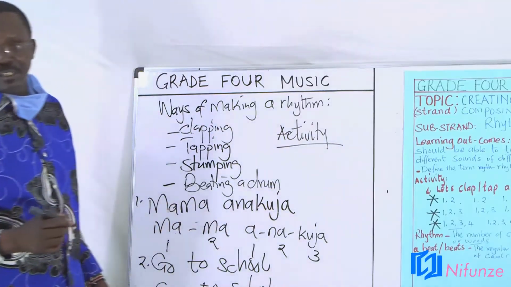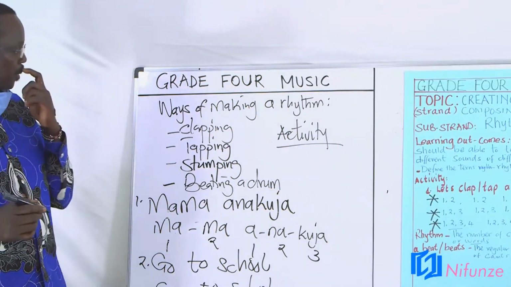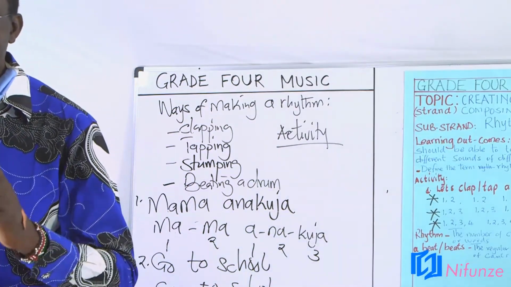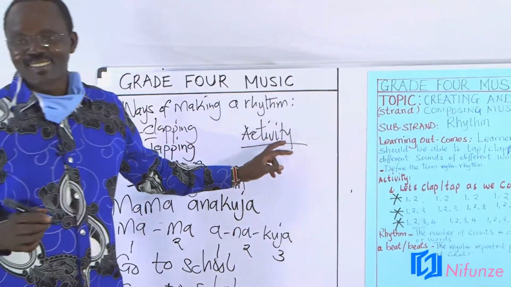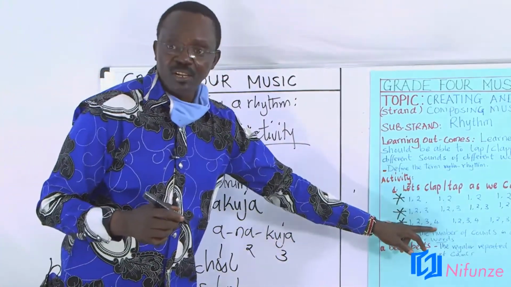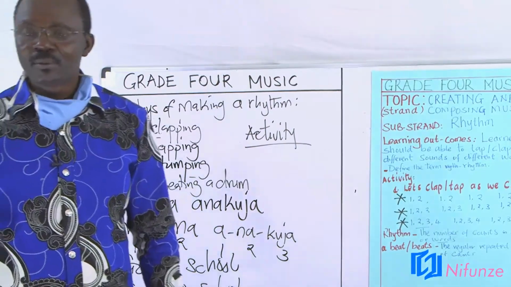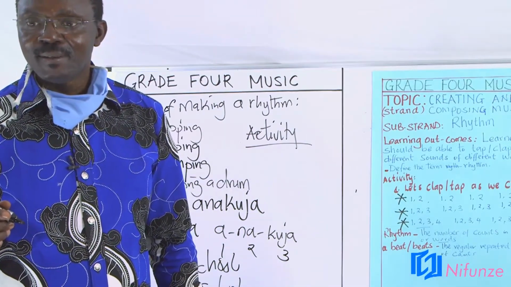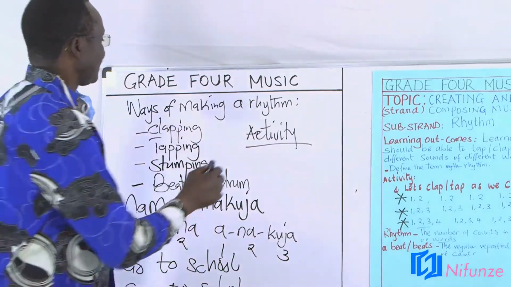We want to do another activity very quickly about your name. Who can shout to me his or her name? I will write on the board so that we can know the number of beats or the rhythm. We can create a rhythm with your name. Who can tell me his or her name? Anthony.